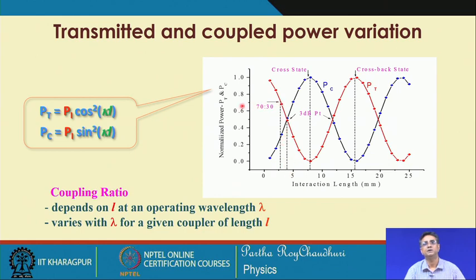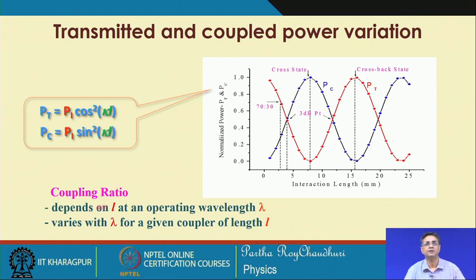You can also have any desired ratio, 70-30, 20-80, any ratio; you will just have to restrict the length of interaction. So, you can design any power splitting. You can have the same thing after a large number of periodic cycles.